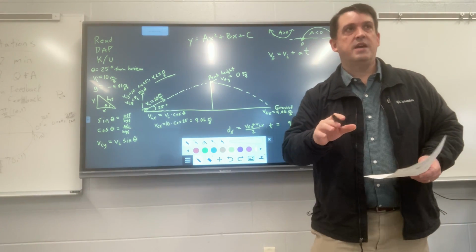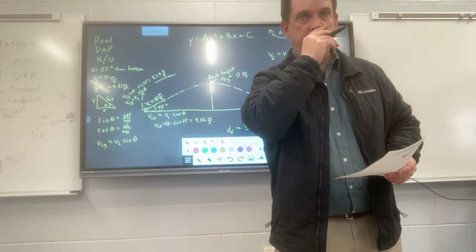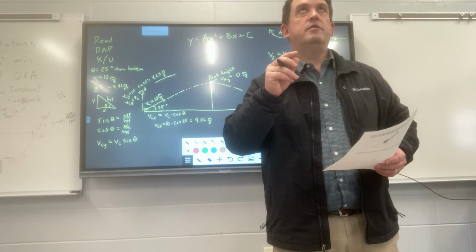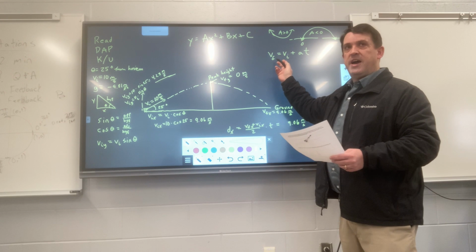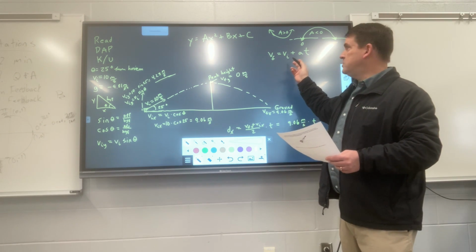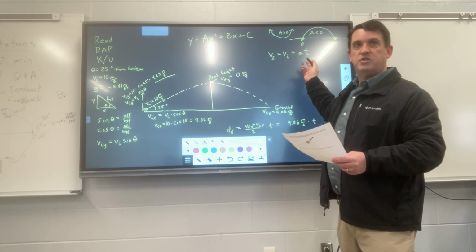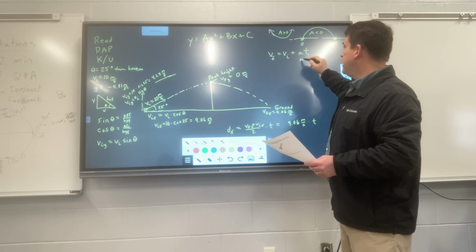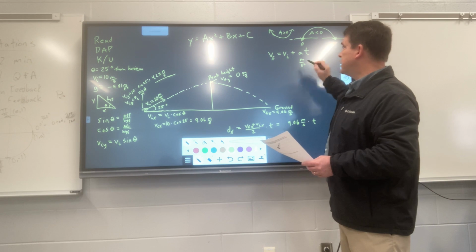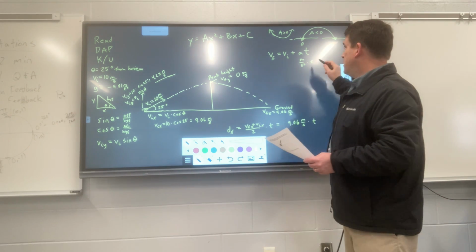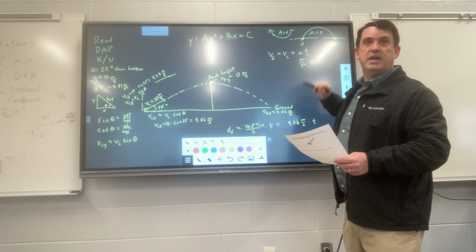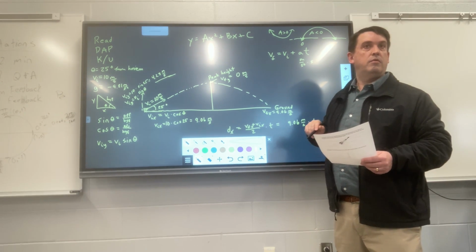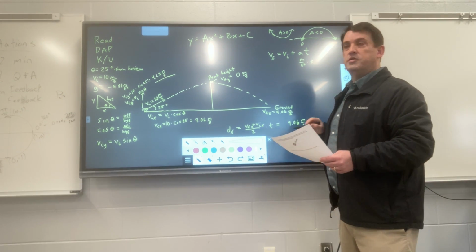Now, let me tell you how that makes sense, right? If I know what the initial velocity is, and I happen to know the acceleration and the amount of time I'm applying to that acceleration, I am multiplying meters per second squared times seconds, right? When I do that, what cancels out? One of those seconds.